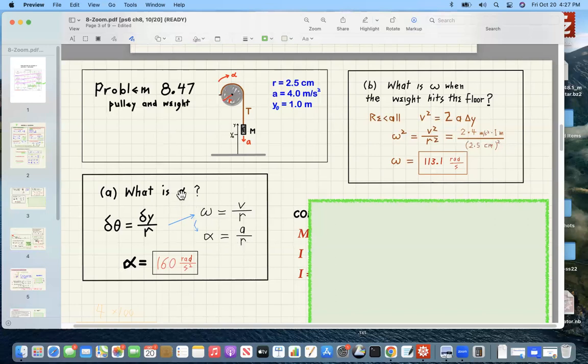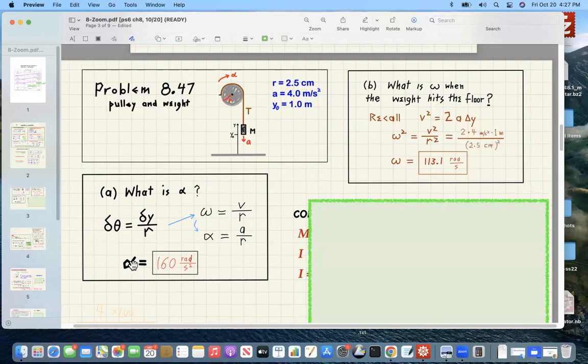So the first question is, what's alpha? Given this information about the geometry of the system, it's a divided by r. So it's 4 meters per second squared divided by 2.5 centimeters. 4 over 2.5 would be 16, times 10 because this is centimeters.